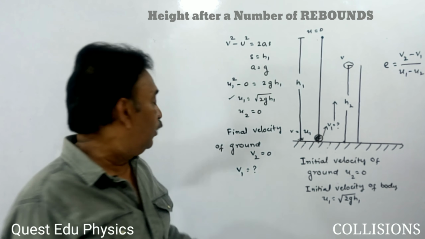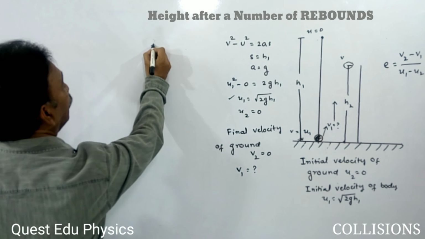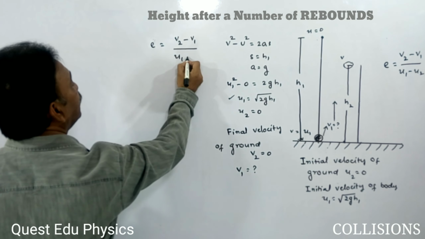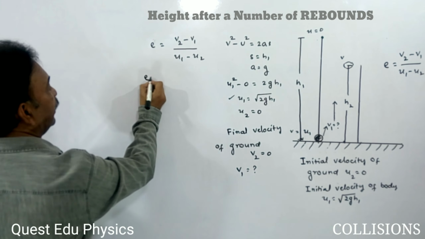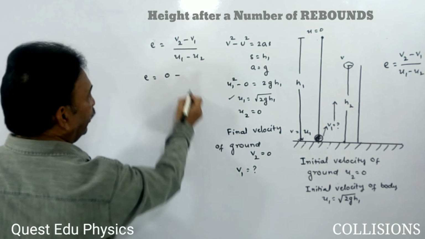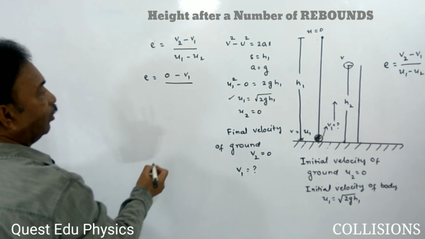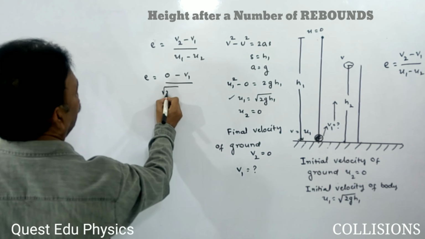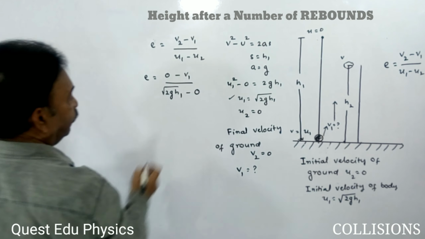Okay, students, we need to find the value of v1. See, students, we have the relation e is equal to (v2 minus v1) by (u1 minus u2). Just substitute the values we got. e is equal to v2, obviously it is 0, minus v1, by u1. u1 we got, okay students, root of 2g h1, and u2, the velocity of the ground, is 0.